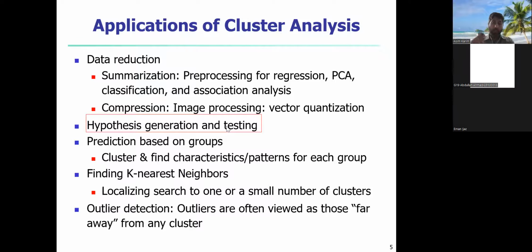You can verify this hypothesis by doing clustering and find out whether those groupings that the clustering algorithm has found actually verify your hypothesis or not. And of course, you can also do predictions based on grouping, although, as I said, this is a secondary goal of clustering. The primary goal of clustering is descriptive in the sense that you want to understand or characterize the data rather than to use it for prediction.